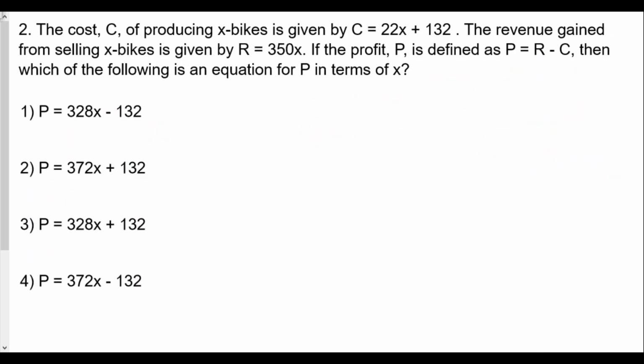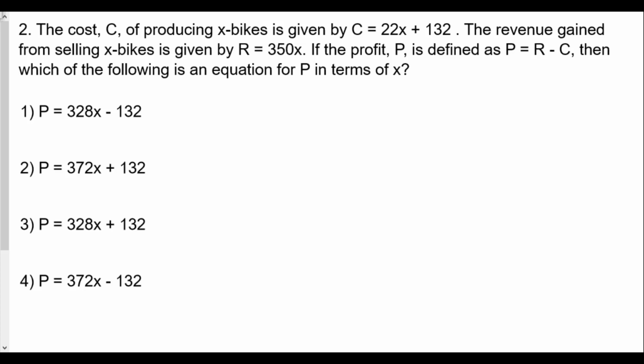So number 2, the cost C of producing x bikes is given by C is equal to 22x plus 132. So they're giving us the cost function. And the revenue gain for selling x bikes is given by R equals 350x. All right, where if the profit is defined by P equals R minus C, then which of the following is the equation of P in terms of x?